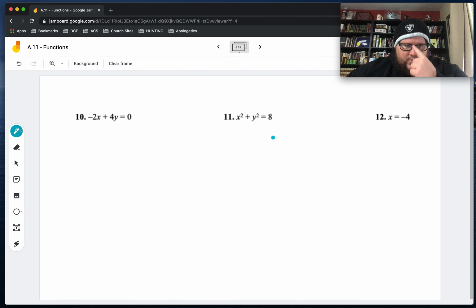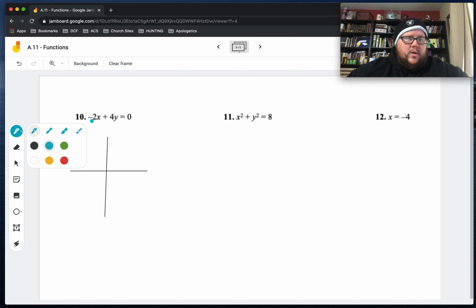So here, what we have is you can graph these. And so I'm going to help you guys out, and I'll sketch the graph for you. So when x is 0, y is 0.